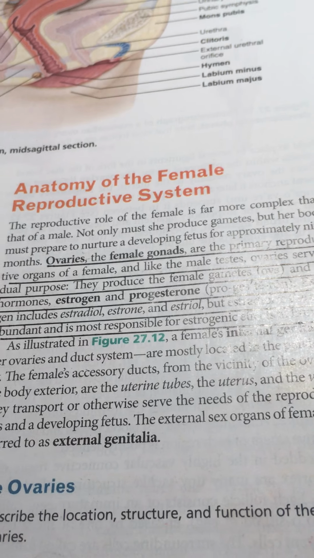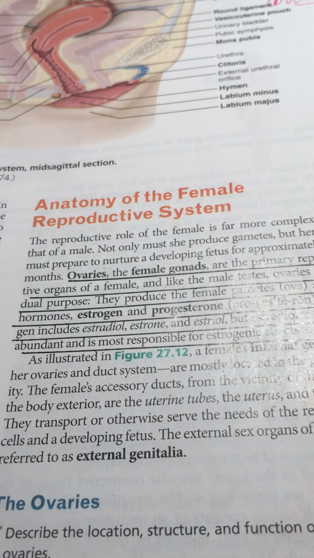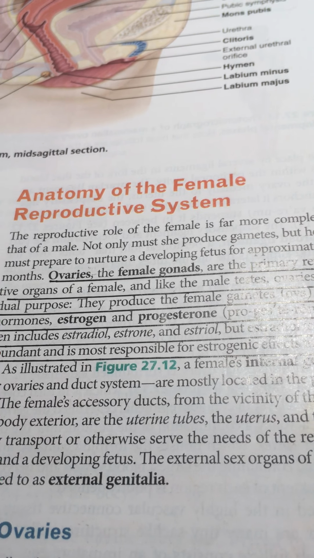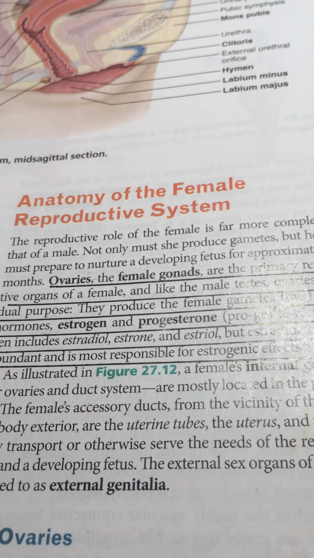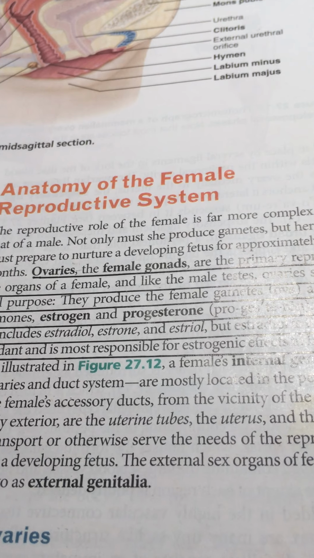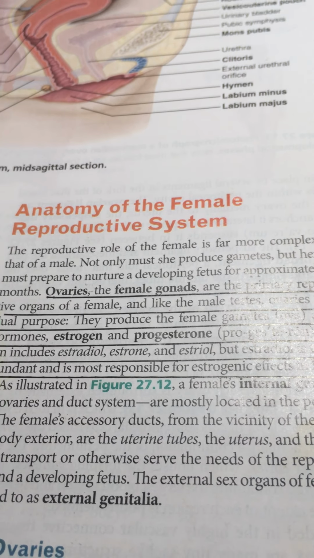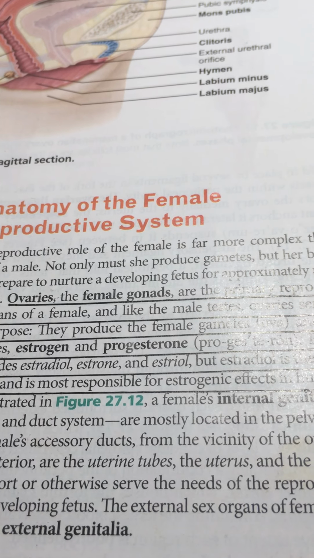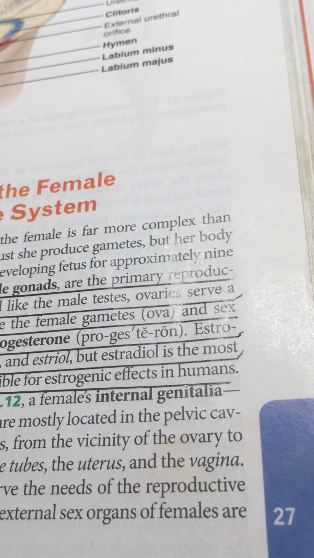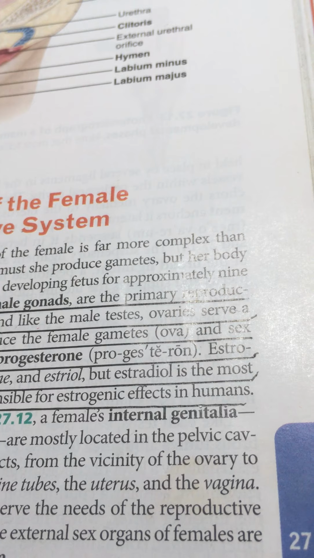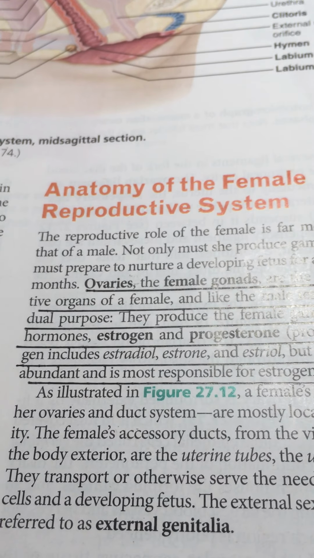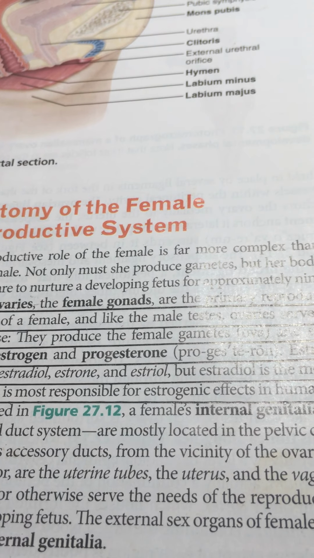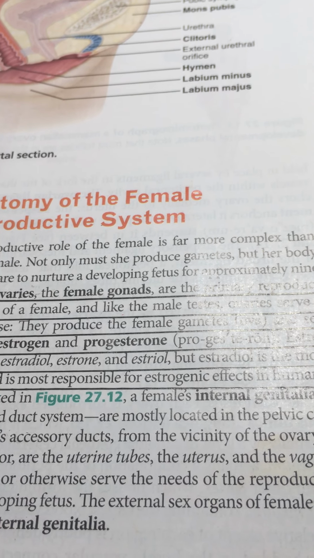In this case, females work with multiple molecules: estrogen, progesterone, and in fact, estrogen is really just a vast summary of molecules, estradiol, estrone, estriol, and they indicate here that estradiol is the most prevalent in the human. But nevertheless, it's a family of molecules.